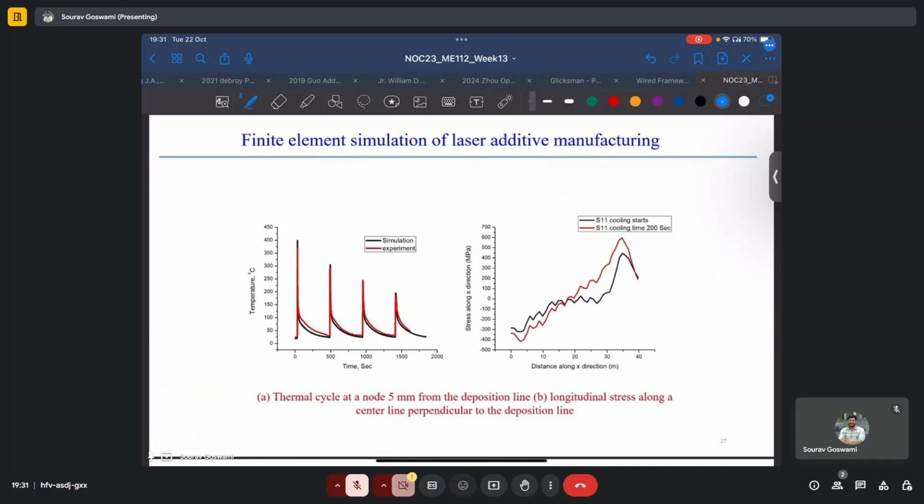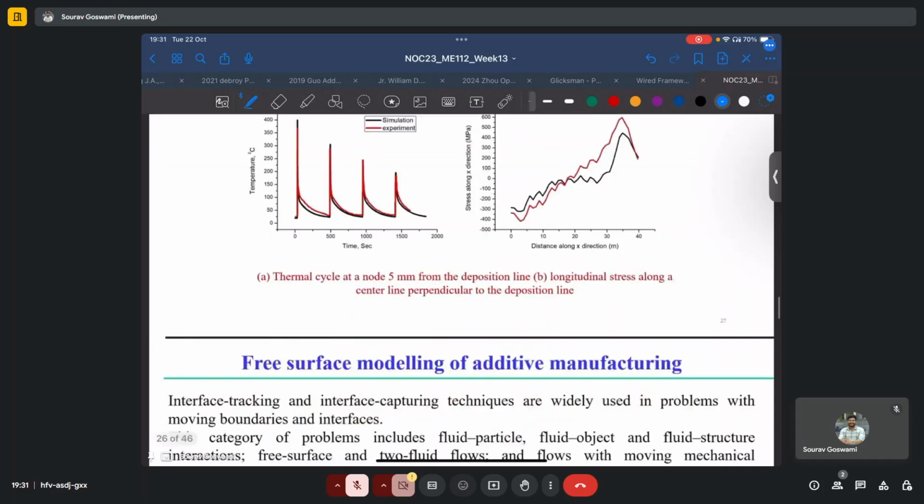Another is also validated in terms of stresses. So you obtain the experimental and simulated stress cycles and check for agreement. Often we might need to tune our model to best fit the experimental results. And once you have validated your model, you can be safely assured that whatever predictions you are making are accurate within certain error bounds.